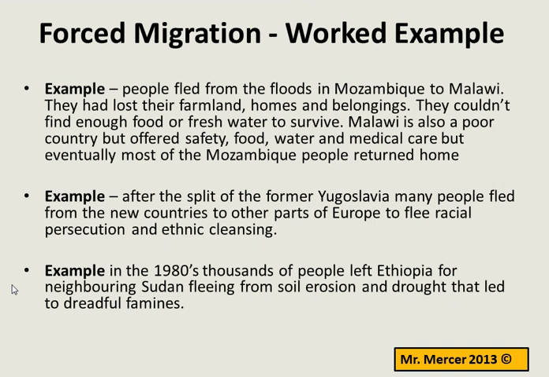Third example, 1980s. Thousands of people left from Ethiopia due to terrible famines that led to people moving into neighbouring Sudan. And that was due to the soil erosion and drought that was taking place in Ethiopia at the time. A forced migration example such as this, again, you're going to use these examples.